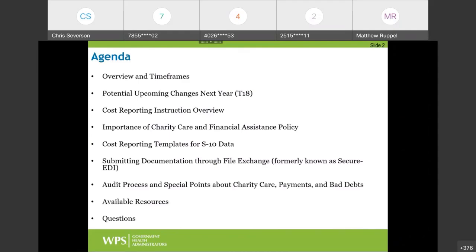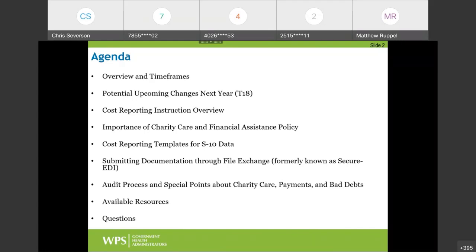So we'll go through a quick overview and time frames, some upcoming, really not a discussion of the changes, but just information on potential changes for next year to the cost reporting templates and instructions. We'll go through the cost reporting instructions themselves, talk about the charity care policy. As I said, we'll spend time with the templates. We will talk a little about the portal, the secure portal that's used.